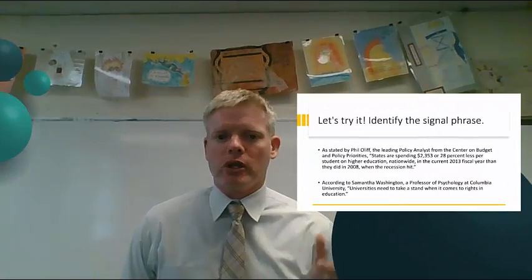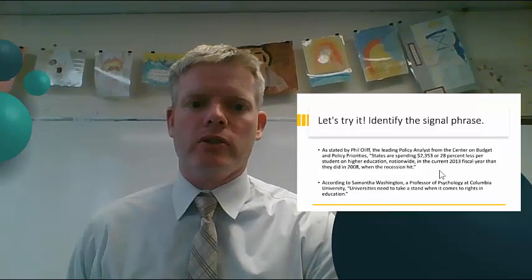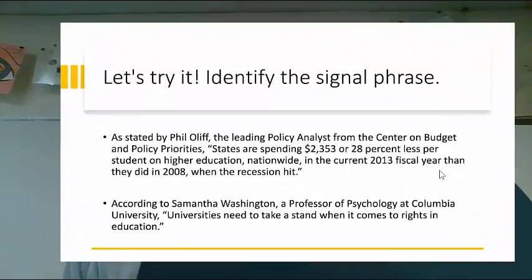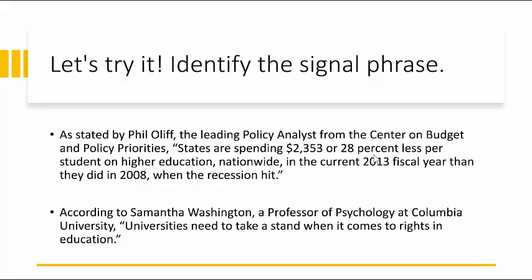Okay? So here is our little activity, moving on to our final activity of the day. Here are two different quotes that have signal phrases. If your first name begins with the letters A through H, type in the chat what the signal phrase is in the first sentence.